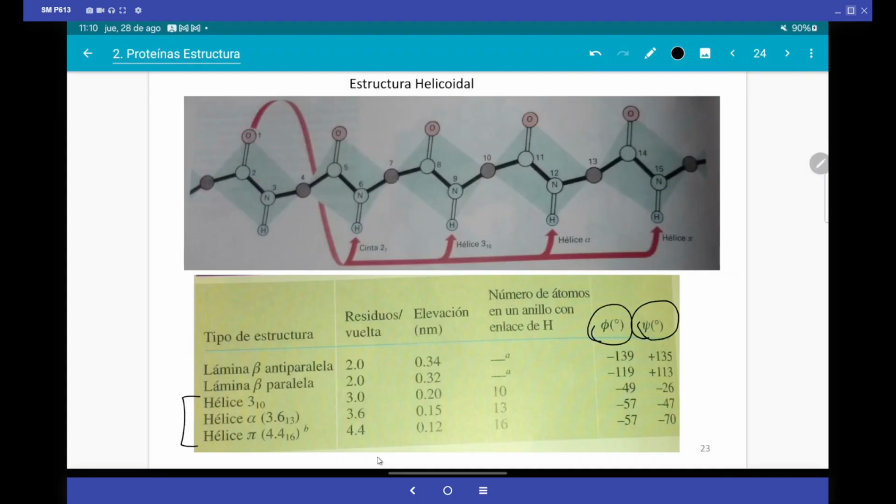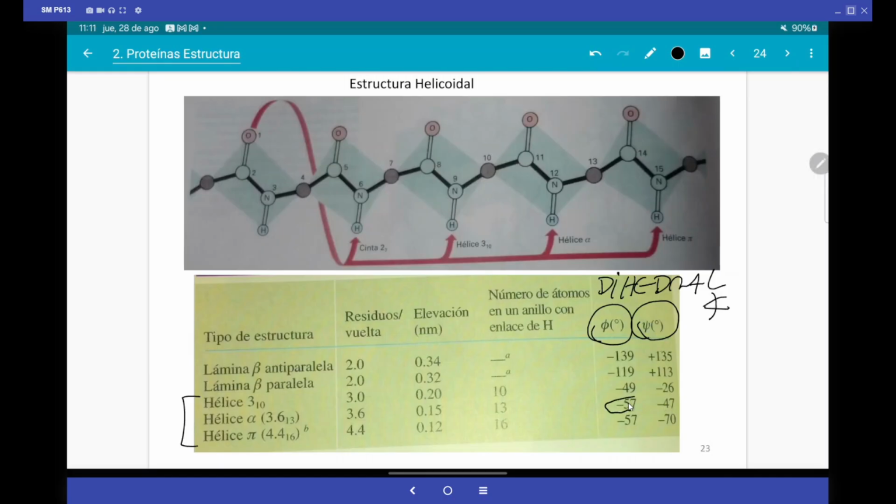What was this? Yes, it was the dihedral angles. And the dihedral angles are fixed. Therefore, if we have an alpha helix, the dihedral angles will adopt these values. Now, you will ask what this is for.